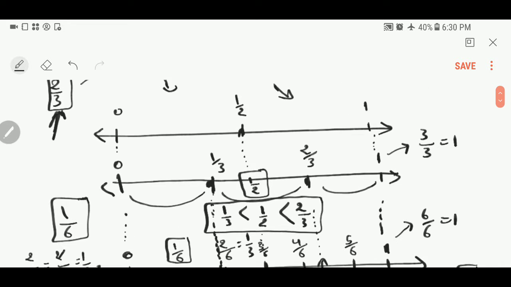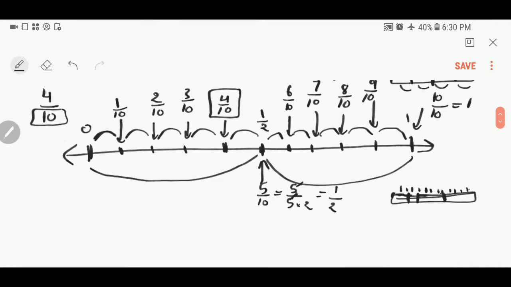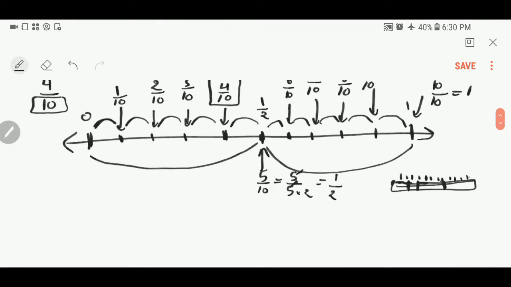So if you're following along with me, and if you cut all these lines straight and line them up together, it will be so easy for you to find out which fraction is bigger than the other one.